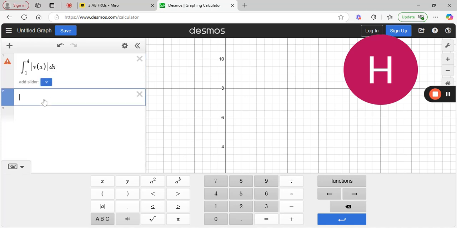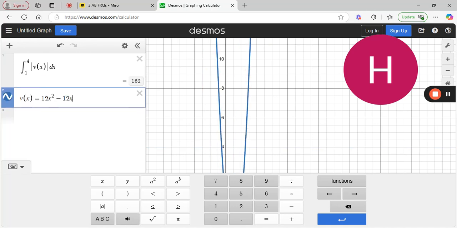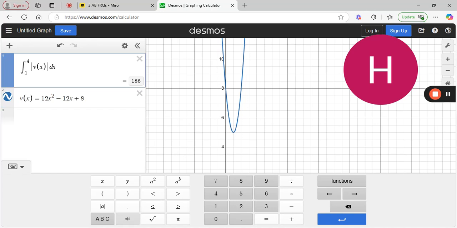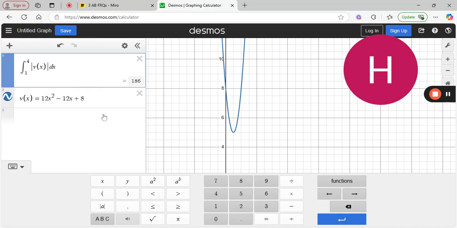So v of x would have been, of course, 12x squared minus 12x plus 8, and there we have it, right? In this case, it's the same as not having the absolute value because our function was only ever positive. But if we had a velocity function which could be negative at some points, we would have to be careful by putting the absolute value.